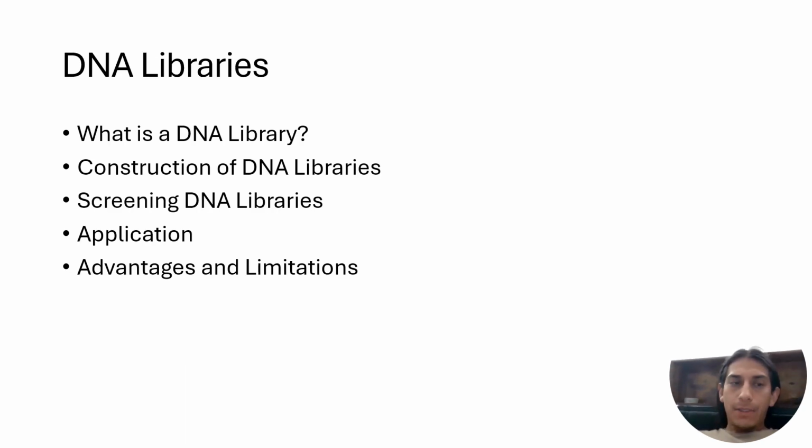DNA libraries. So what is a DNA library? It's a collection of cloned DNA fragments that represent the entire genome of an organism. DNA libraries are essential tools in molecular biology and genetics, and they allow researchers to have this collection of data, and they can represent an entire genome.